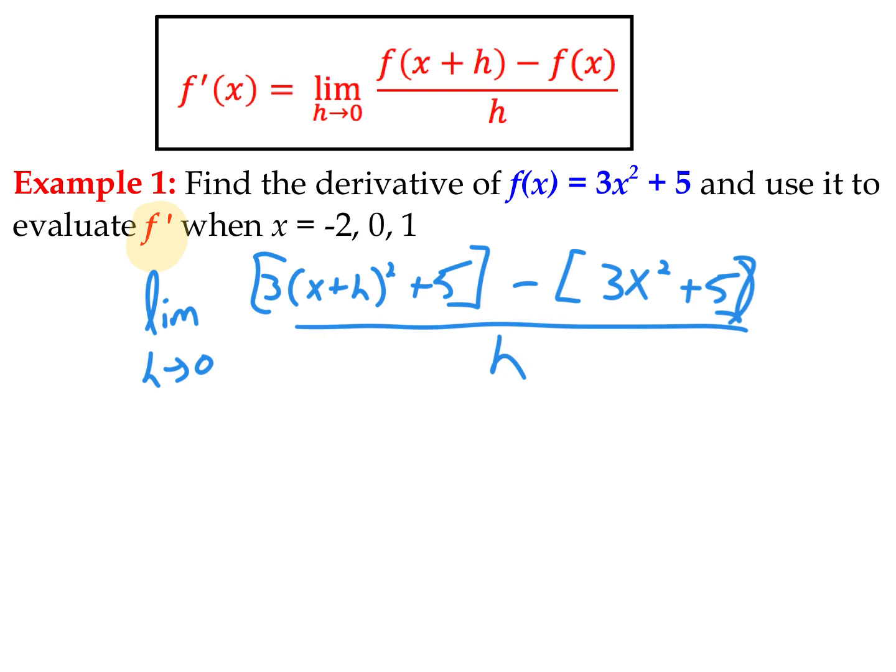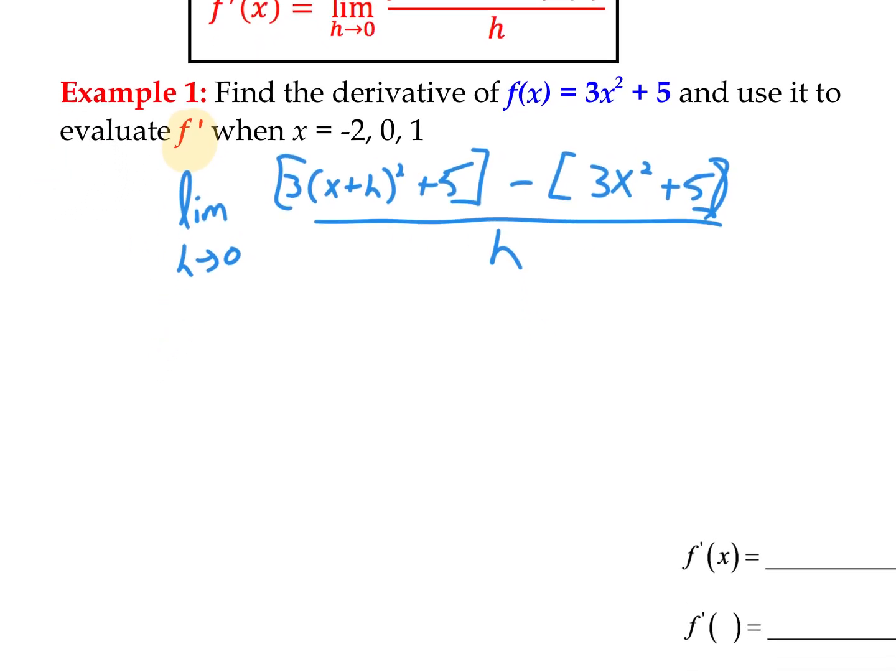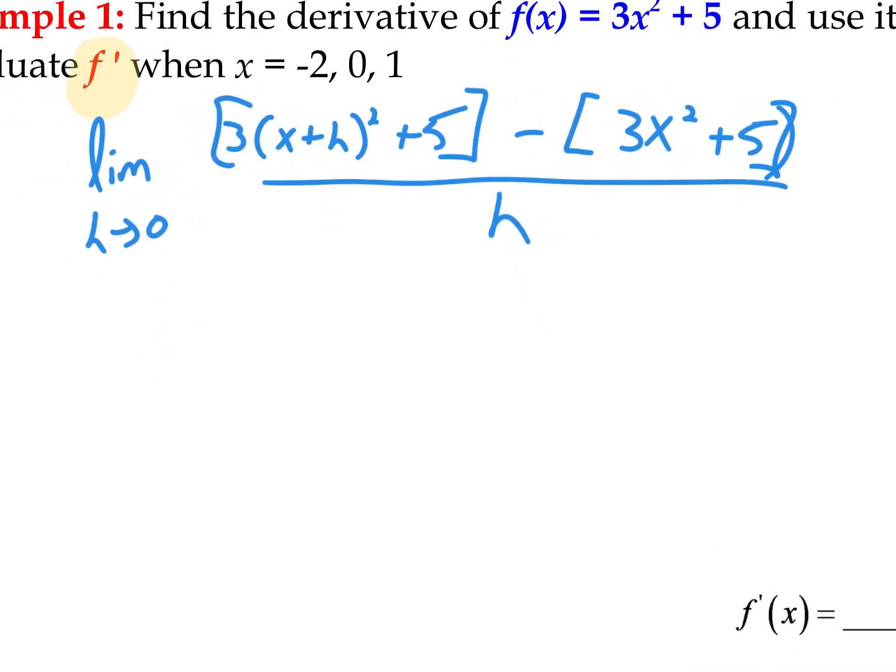Now I couldn't just plug in 0 for h to evaluate this limit because I'd have a 0 at the bottom. I don't know if that 0 will cancel or simplify out, but as it stands right now, I can't just plug it in. So what I need to do is simplify this and make it look nicer. So let's go ahead and do that. I'm going to switch up to red. Limit as h goes to 0. If I were to distribute that out, x plus h squared would be x squared plus 2xh plus h squared.